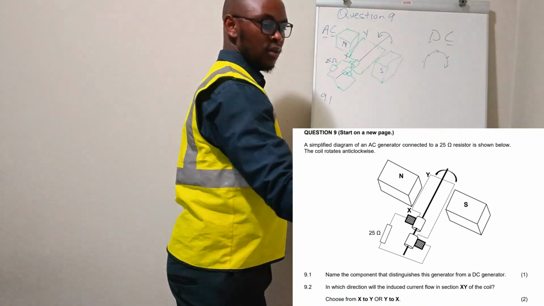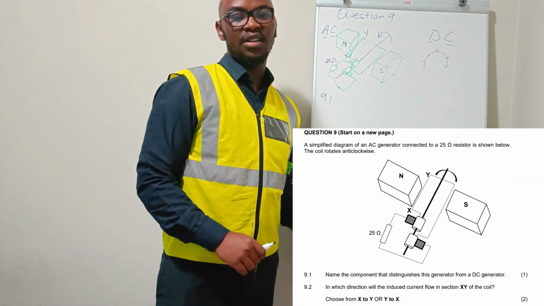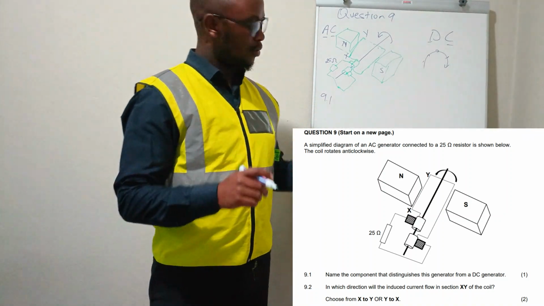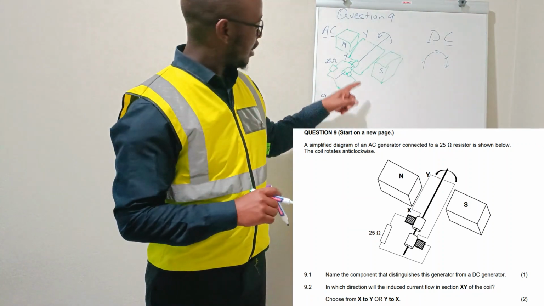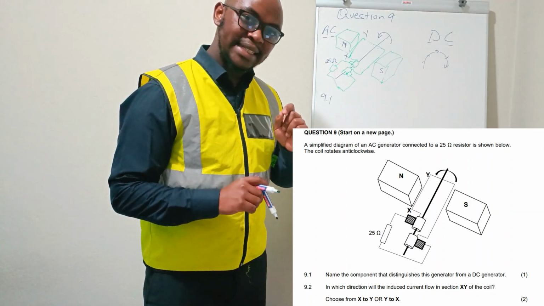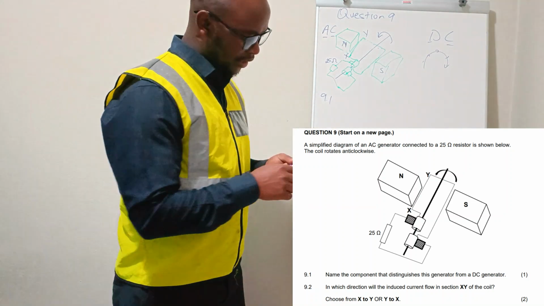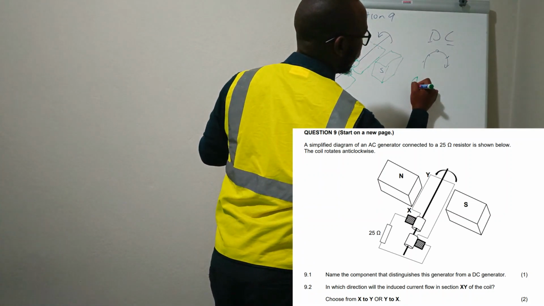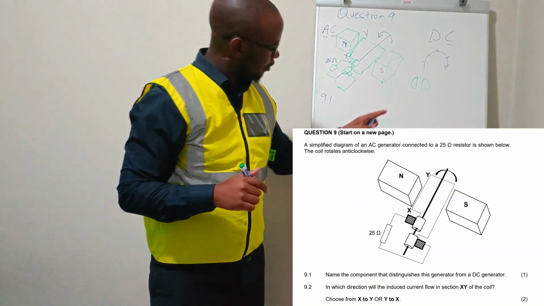So what distinguishes this specific generator from a DC generator? Straight up, we should see the components that I said we are going to dive into. Those two are called slip rings. And in a DC generator, we are going to have what we call a split ring.